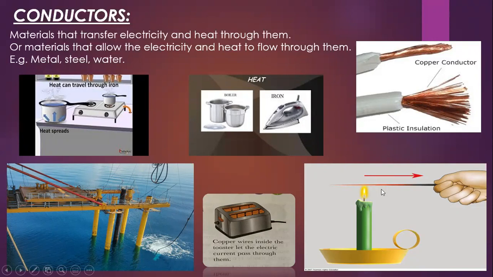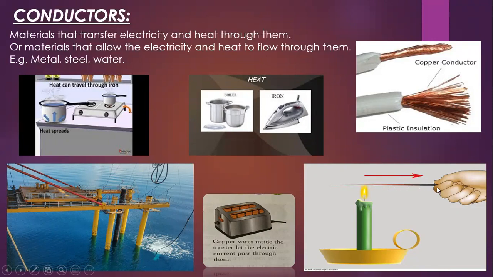Now look here in this picture. The man is holding a needle or maybe a stick made of iron or steel. When he puts it on the fire of a candle, then look, this is the red part. The heat starts passing towards his hand.